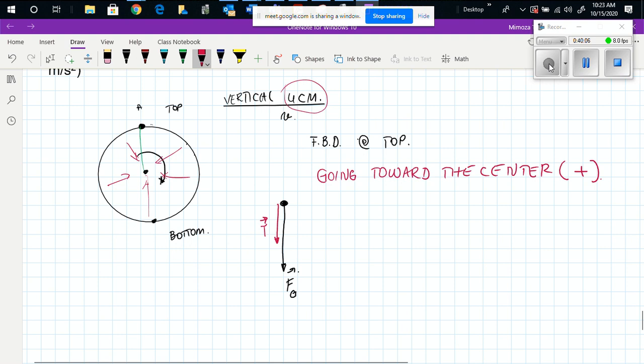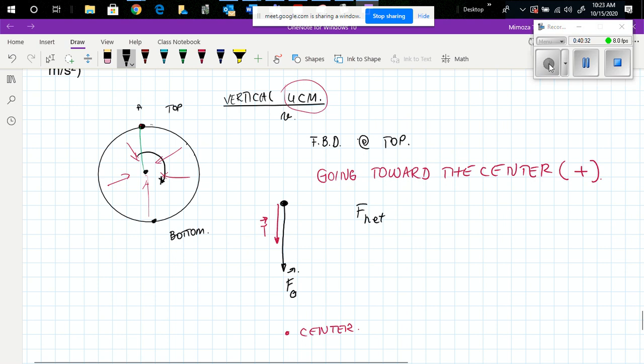Everything that is outside the circle is considered to be negative, and everything that is toward the center is considered to be positive. When we are at the top, at point A, the center is somewhere in here. So in this case, both the force of gravity and the tension will be positive.